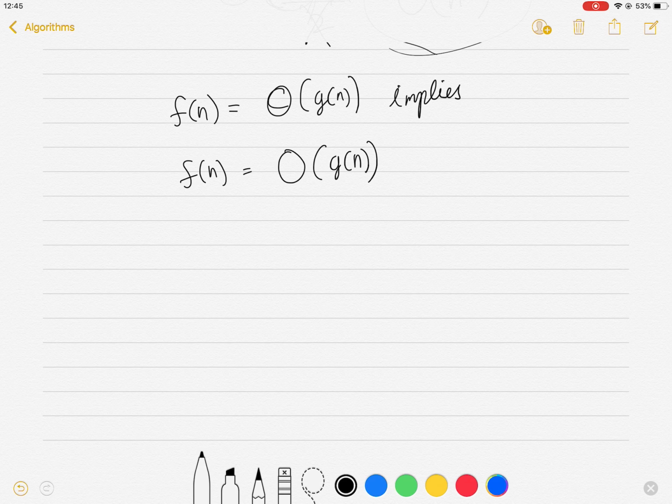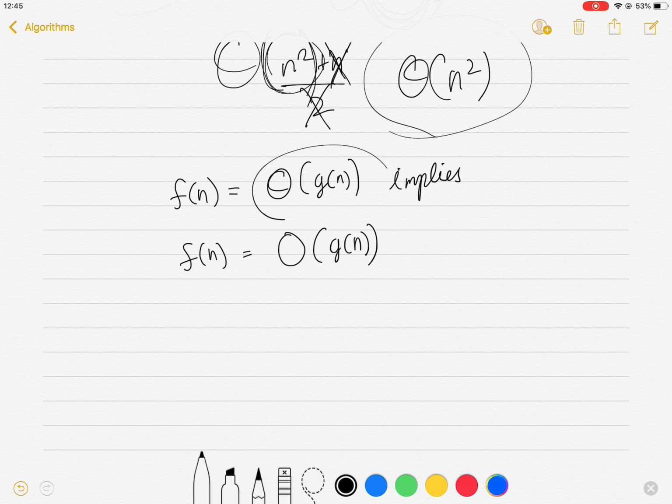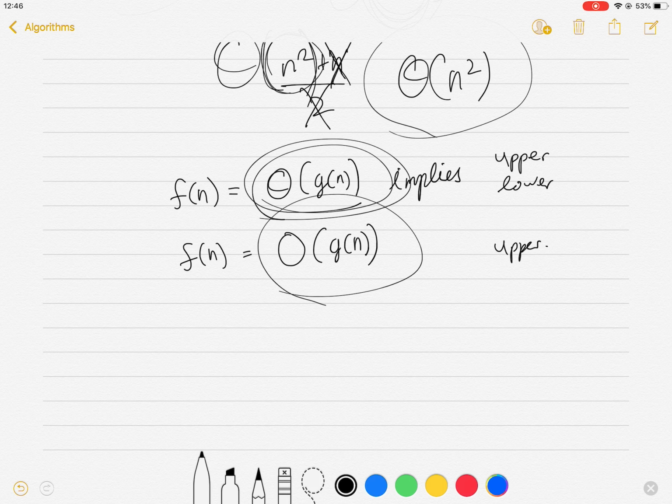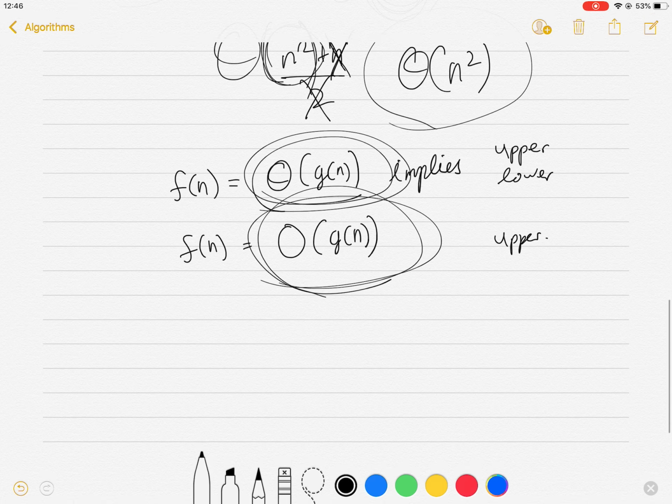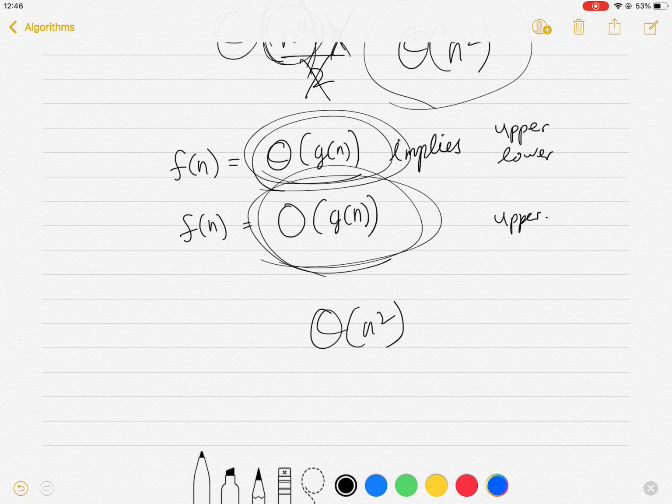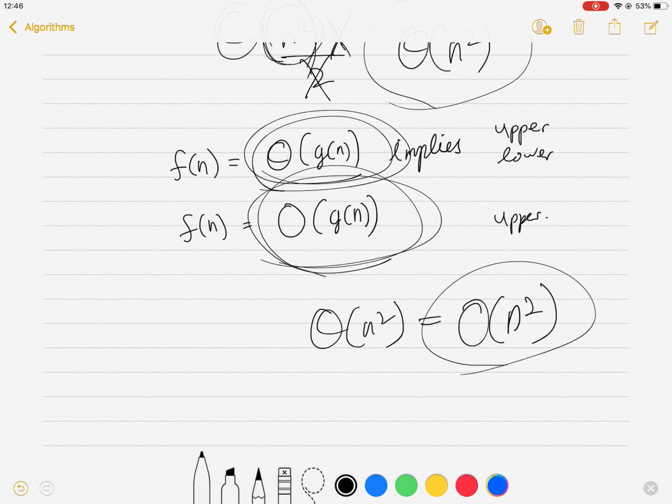This is because big theta is more tightly bound than big O. Big theta is both an upper and lower bound, and big O is just an upper bound. So whenever we get big theta, it implies that big O is also true. So big theta of n squared means that big O of n squared is also true.